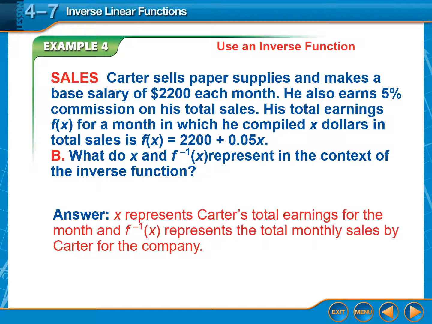So x is now his earnings and f of x, the inverse of x, is his sales for the company.